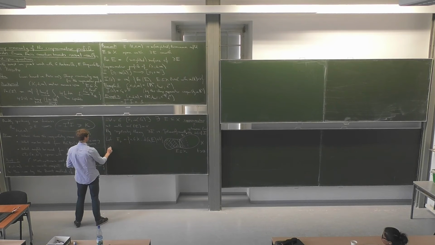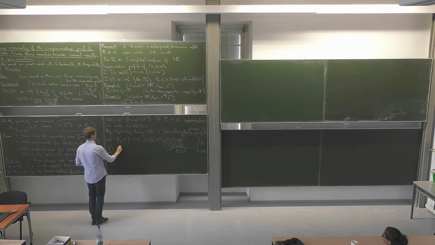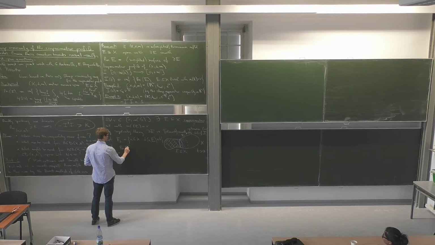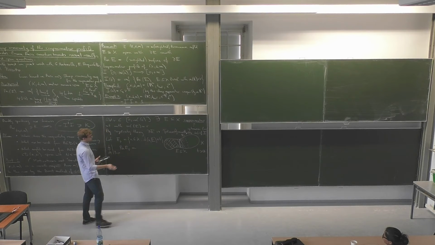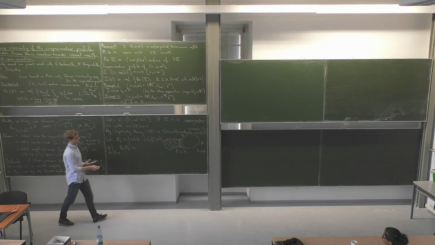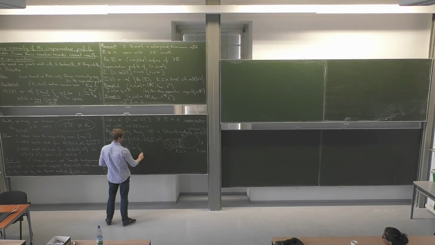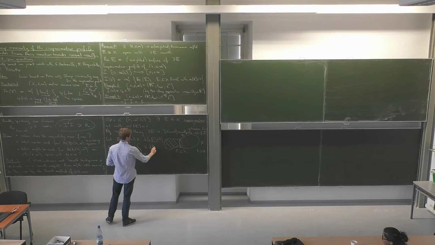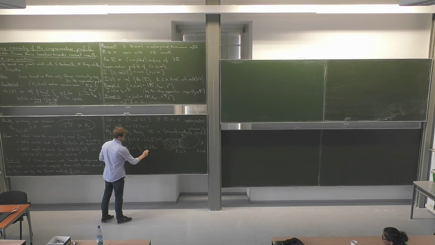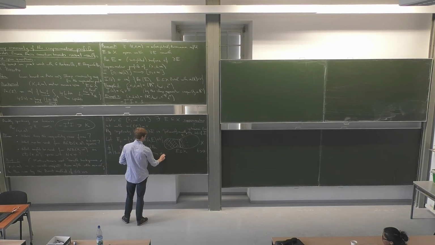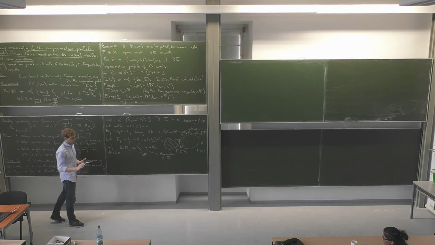What happens is that if I compute d/dt at t = 0 of the perimeter of E_t, then a classical computation in Riemannian geometry tells you that this is equal to the integral over the boundary of E of H with respect to the surface area, where H here is the so-called mean curvature of the boundary of E, which under these assumptions is a constant.